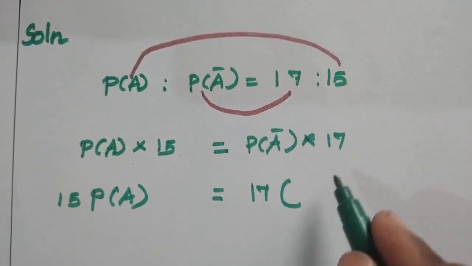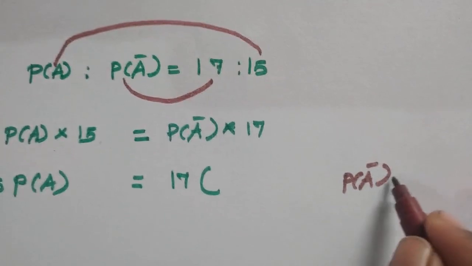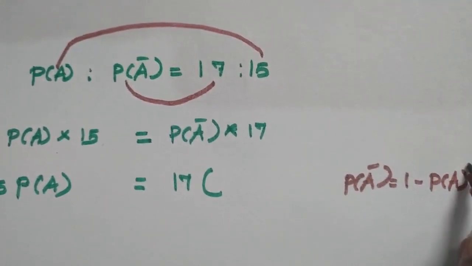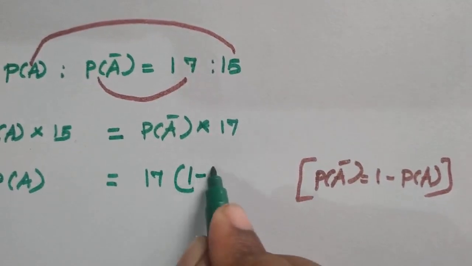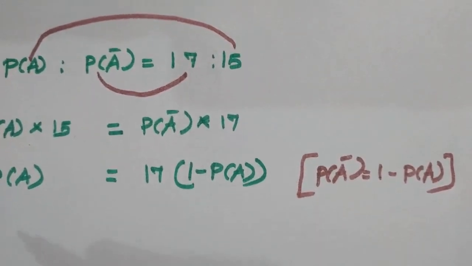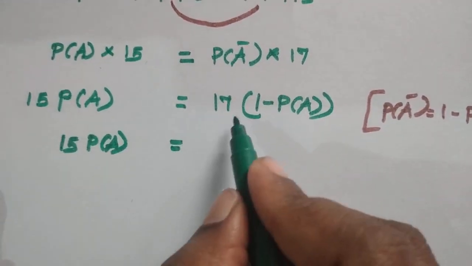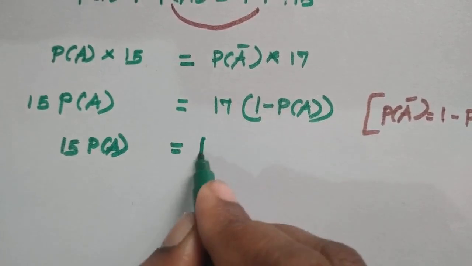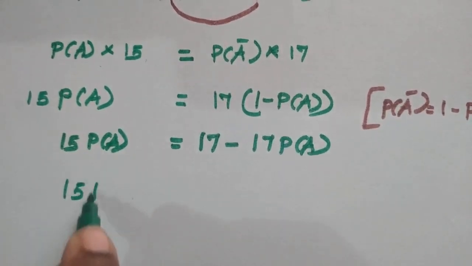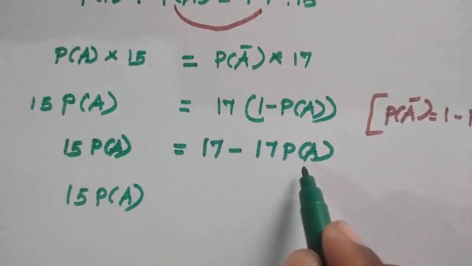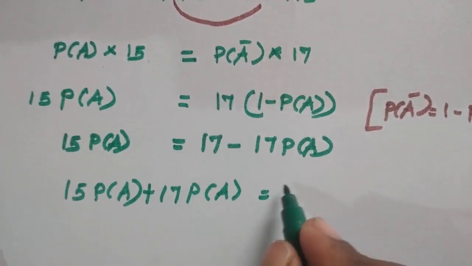So what's the value of P of A? You already learned that P of A dash is equal to 1 minus P of A. So now in the place of P of A dash, we are going to substitute the value 1 minus P of A. So 15 P of A is equal to, now bring the number 17 inside the bracket, 17 into 1 is 17 minus 17 P of A. When you move this minus 17 P of A to your left hand side, it becomes plus 17 P of A. So 15 P of A plus 17 P of A is equal to 17.